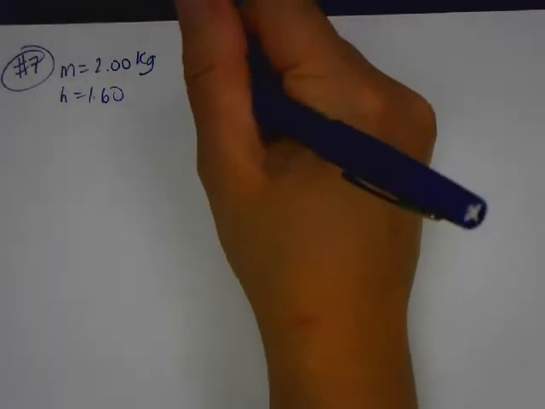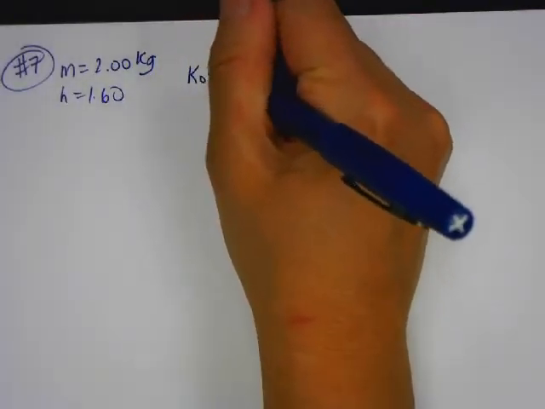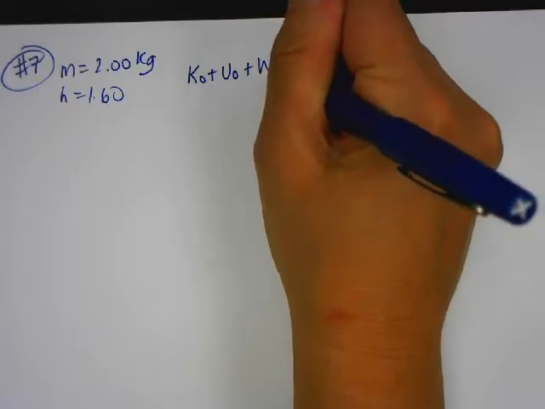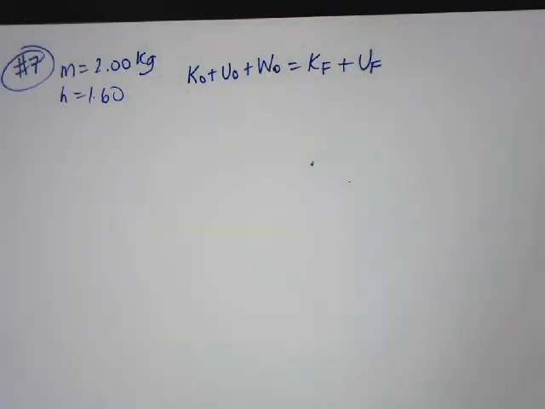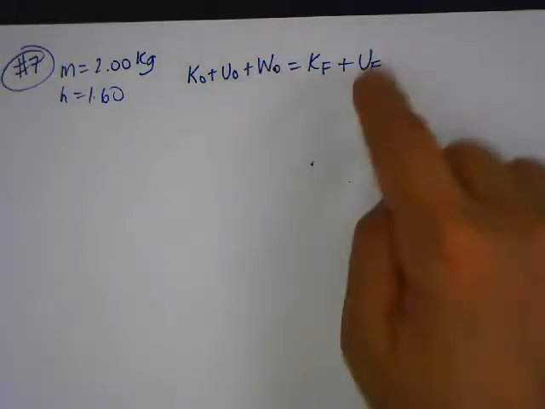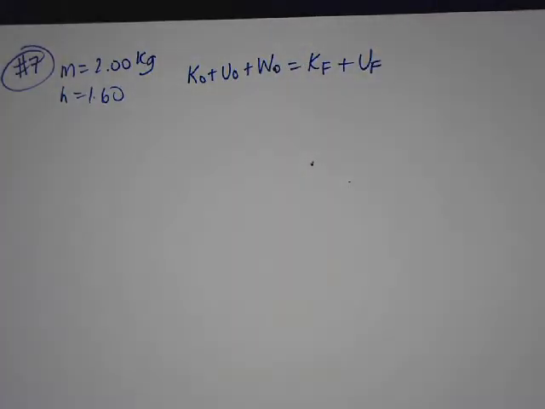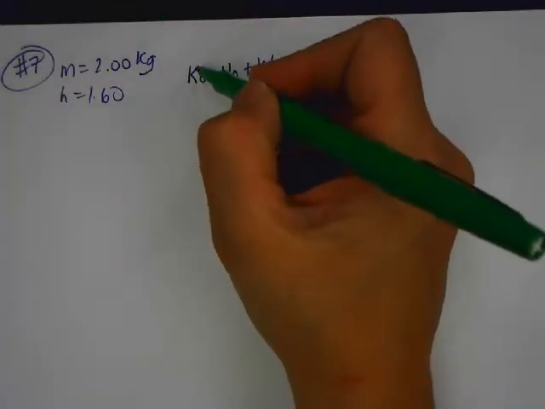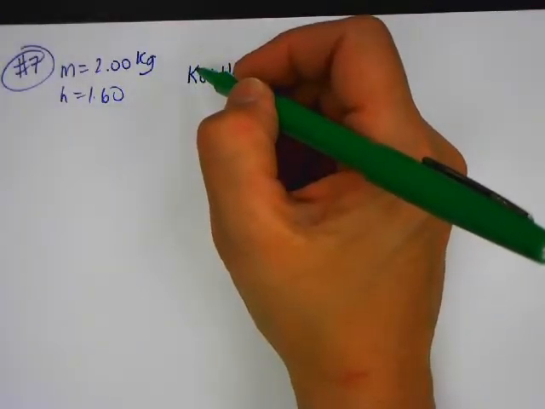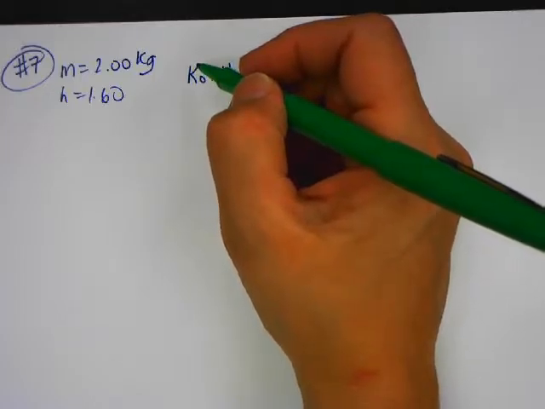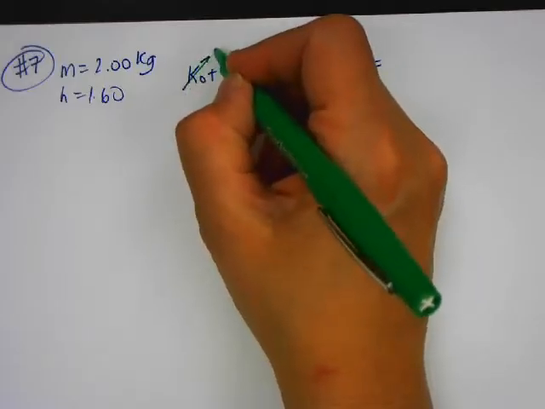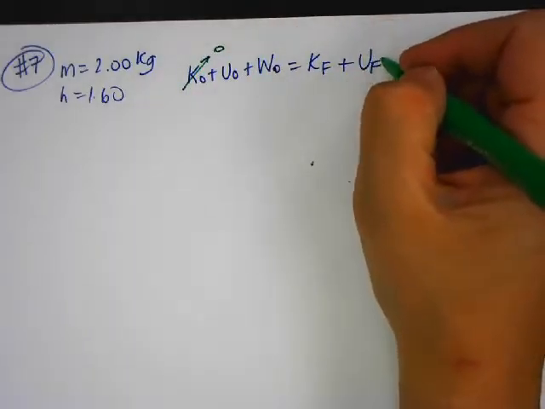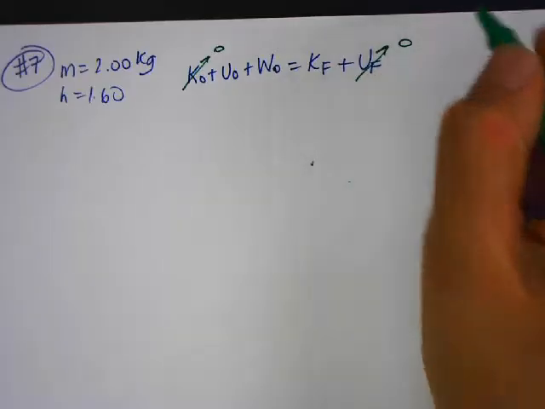First I'll write my basic equation: K naught plus U naught plus W naught is equal to KF plus UF. On the FRQ, that's a point for writing that. Now what's going on from A to B? At point A, the kinetic energy is 0, and at the bottom, at base level on the ground, the potential energy is 0.